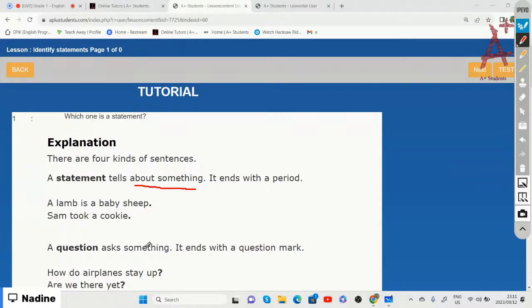So if I'm telling you about something, you can choose if you want to respond. But it's not like a question. It's not like you need to get up and do something for me, because I'm not requesting anything of you and I'm not asking you a question in order to get a response. So a statement tells about something.